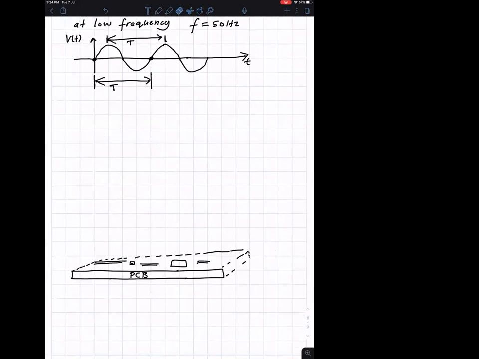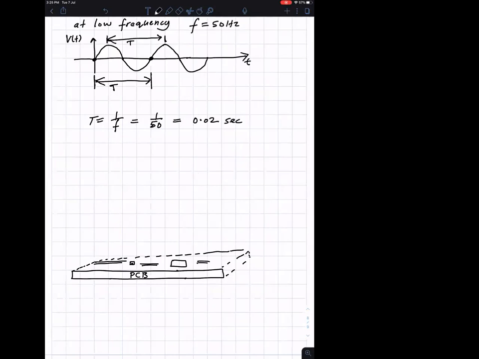Yes. Period is 1 over F, 1 over the frequency. So 50 hertz means 1 over 50. So that's going to be 0.02 seconds, right?